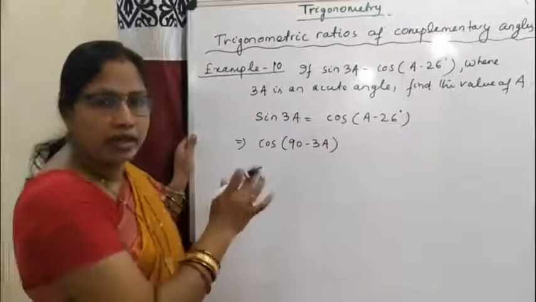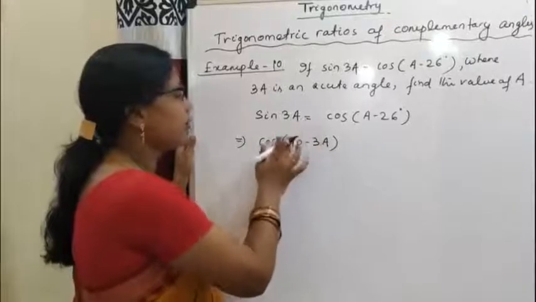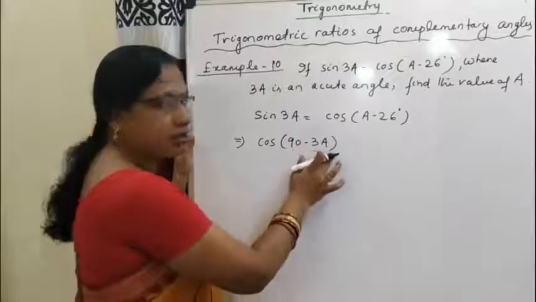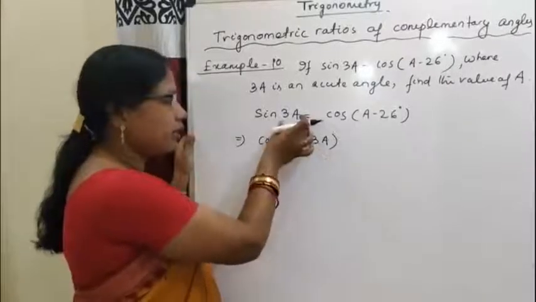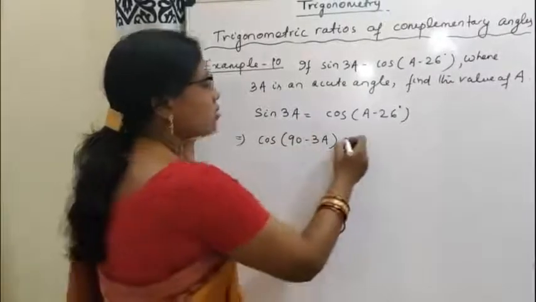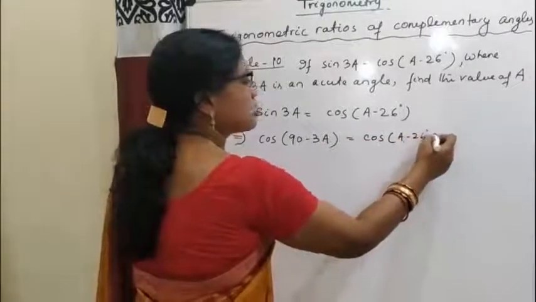That means 3A is less than 90 degree. So sin 3A can be written as cos 90 minus 3A because 90 minus 3A is the complementary angle of 3A. So this is equal to cos A minus 26.